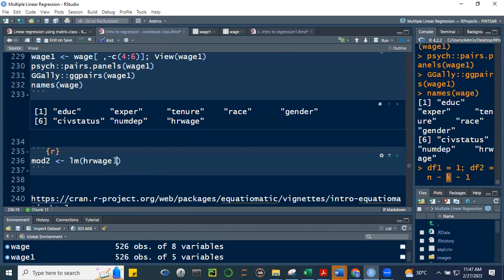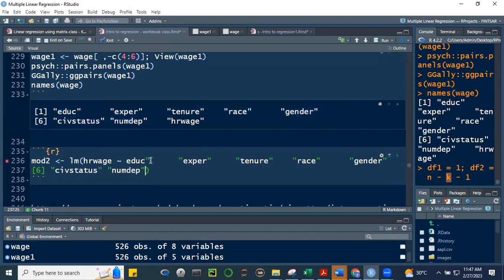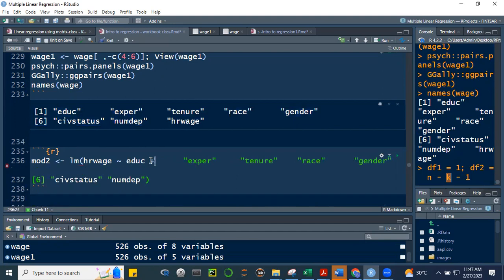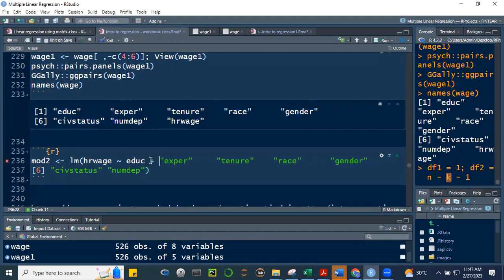Okay. I'm going to copy this, Control C, then delete. Education plus... So we're now going to regress. We'll use all the predictors in our model.